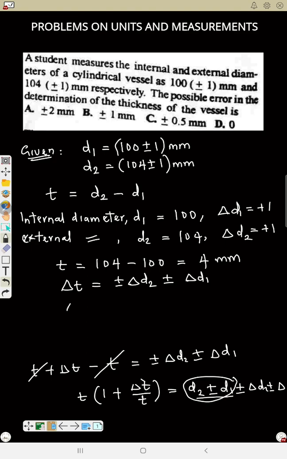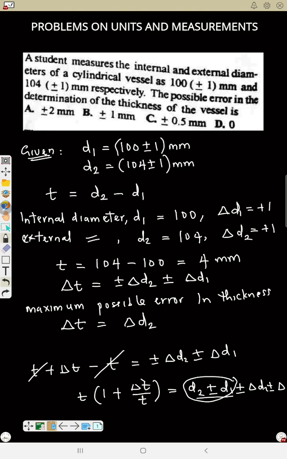So that means delta t, so maximum possible error in thickness is equals to maximum possible error in diameter 2 plus maximum possible error in diameter 1, so sum of the individual error.